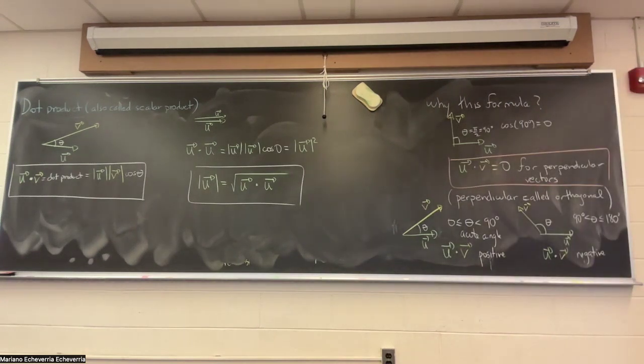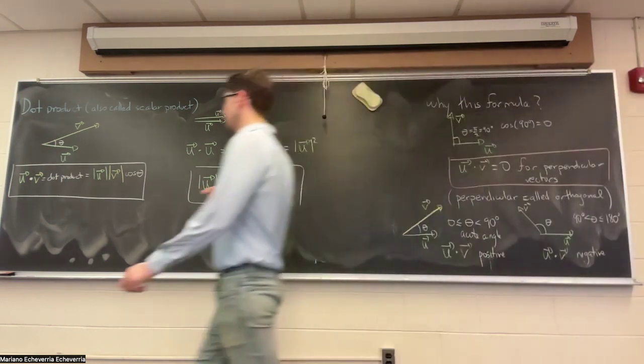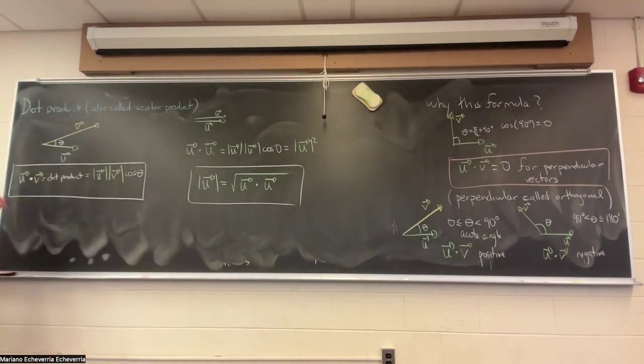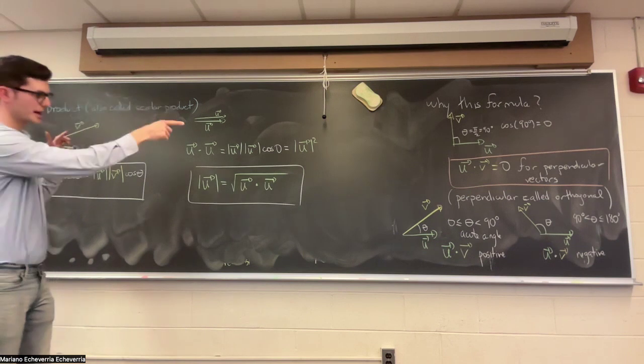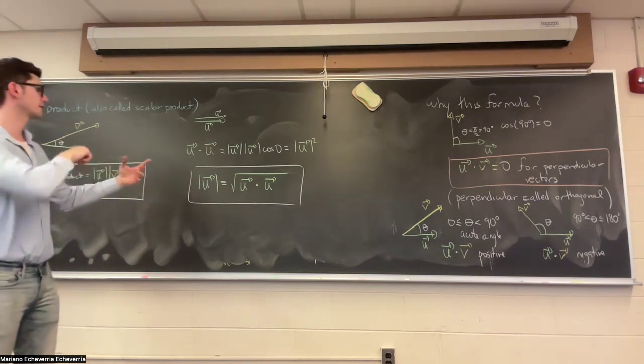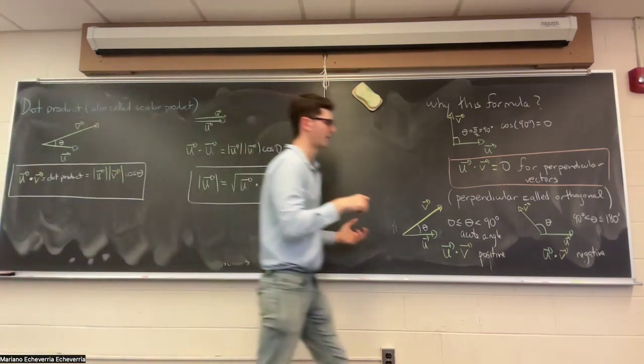I'll show you how that works in a second, but we do need an extra property of the dot product. What I'm trying to say is that the dot product can be used to detect if two vectors are perpendicular, and it can also be used to find the length of a vector.